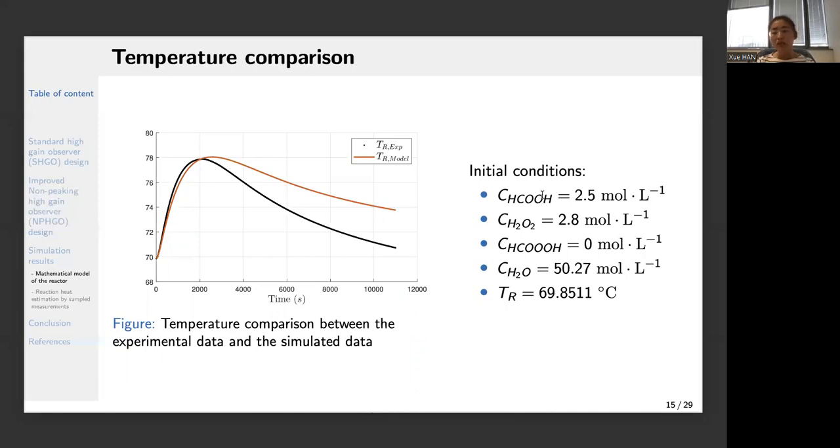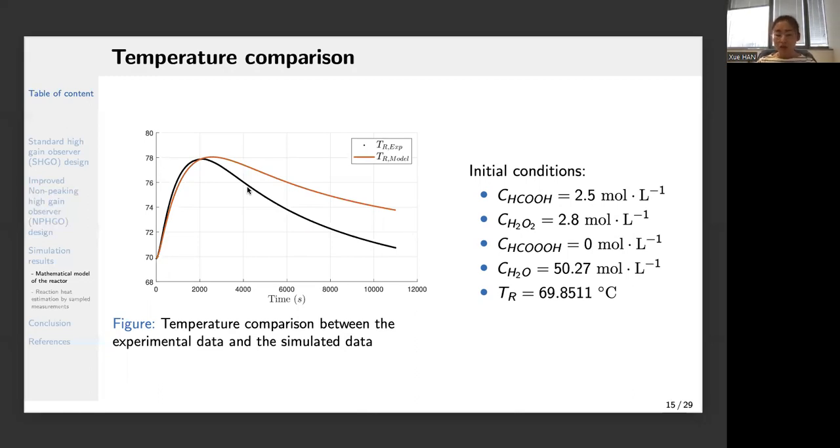Here we also give the initial conditions. We can see that after 4,000 seconds, there is a big difference between the model and the experimental data. It's normally because we used some simplifications in the modeling part.